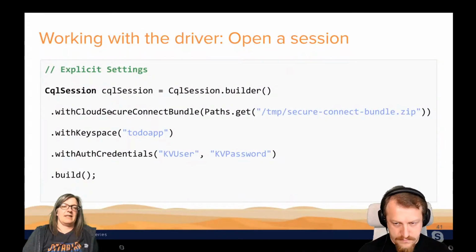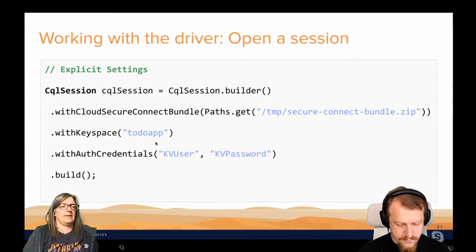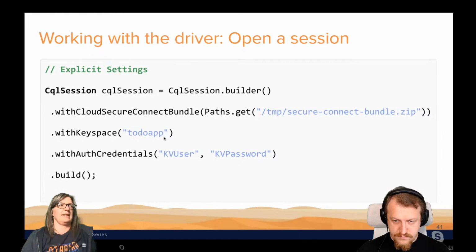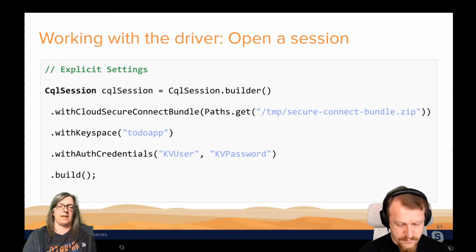We tell it explicitly which secure connect bundle to use and where it's located. This is why we need to have that creds.zip on your Gitpod instance that you've downloaded. We tell it which keyspace we're going to use. And by the way, the secure connect bundle is keyspace independent, so it's for the whole Astra instance that you have, not just for one keyspace.